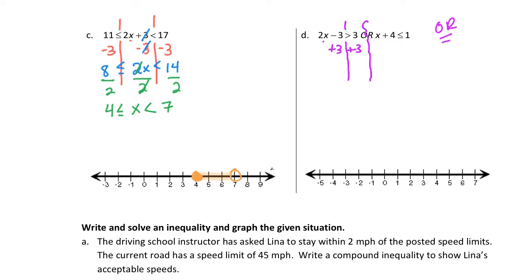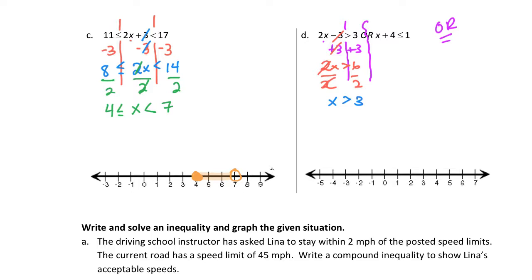Okay, so just working with that inequality on the left. And that's going to cancel these here. I'm left with 2x is greater than 6. Divide the 2 from both sides. And I'm left with x is greater than 3.